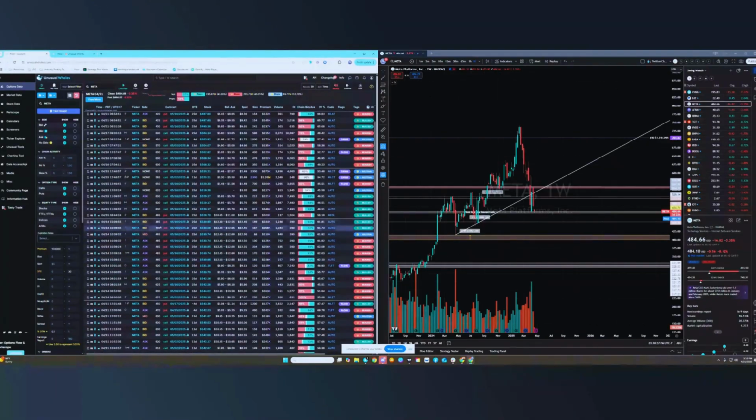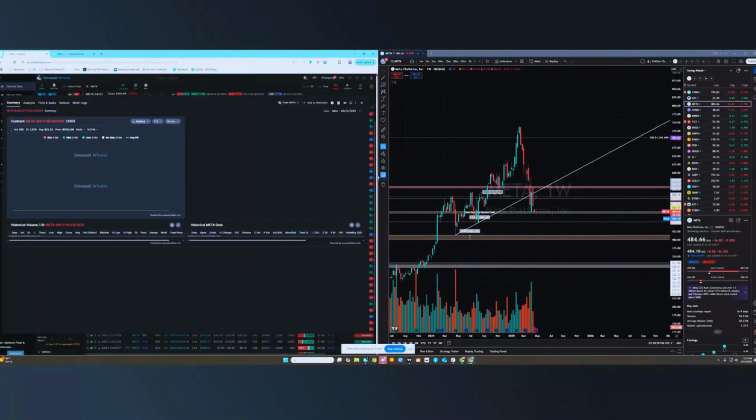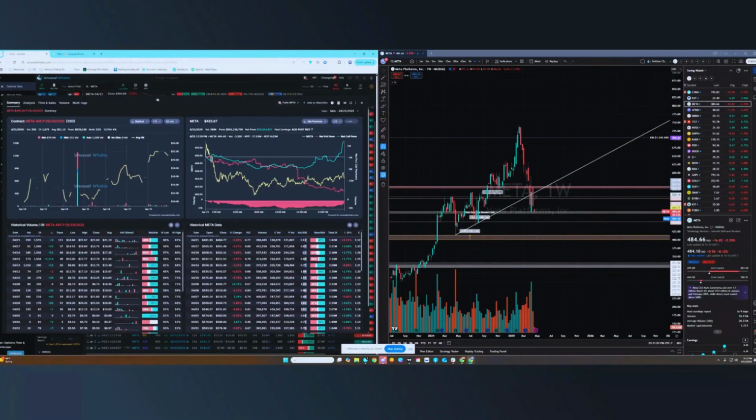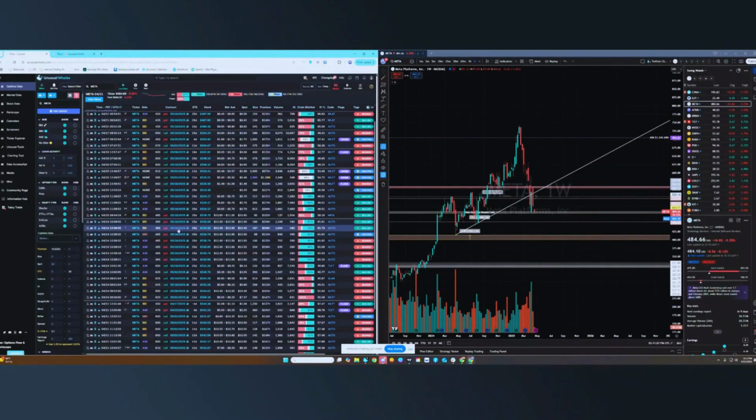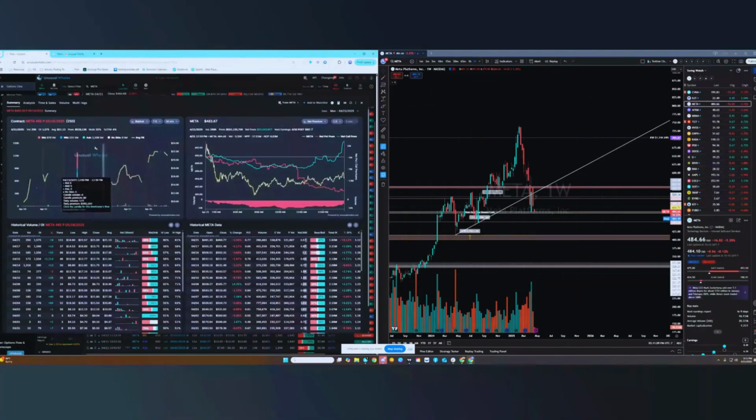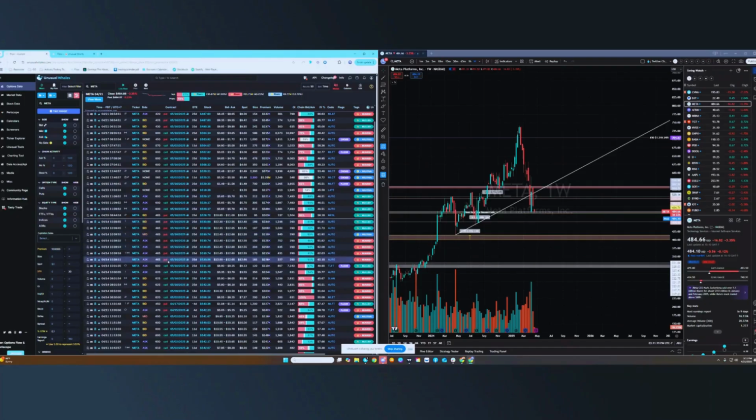And then, okay, we got some more 465p selling here, which is from the 14th. So it looks like they did a partial, well, it carried over. So interesting. Yeah, I would have to dig a little bit further into that.